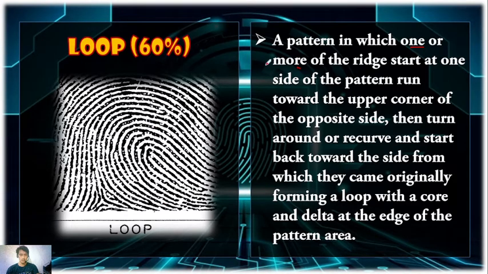As we said a while ago, it should have a ridge that starts from one side. Let's take this ridge as an example. It starts from one side and goes upward, and there is a part where it starts to curve and turn back, going back towards the side from which it originally started.